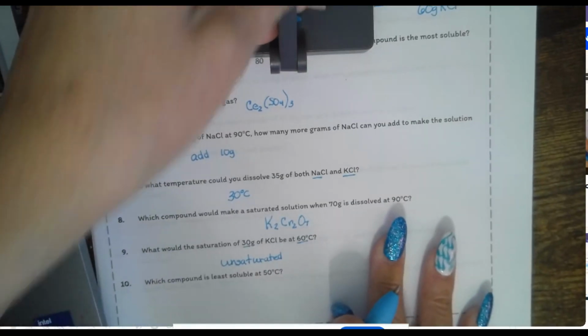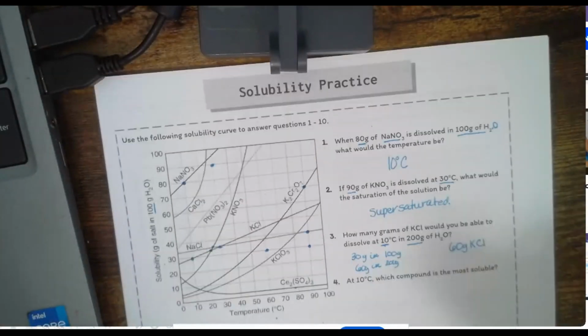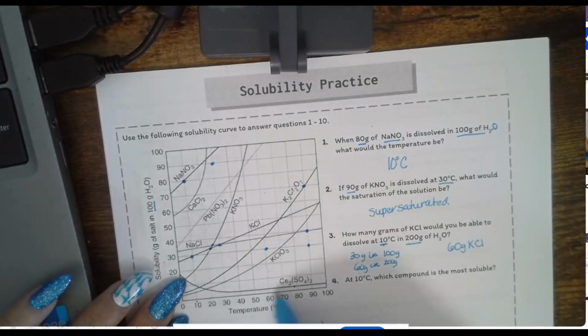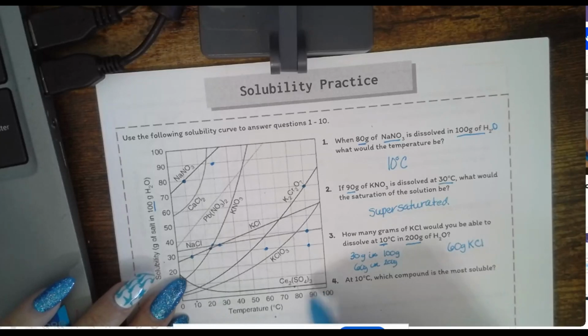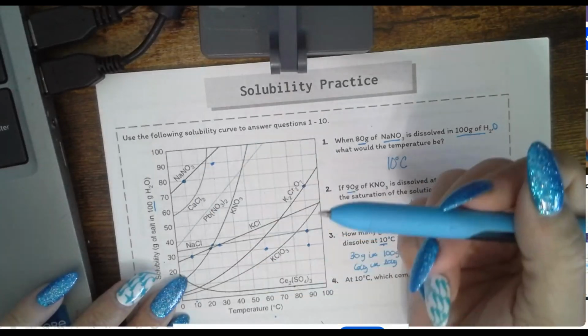Last question on this page. Which compound is the least soluble at 50 degrees? What you're looking for when it's asking you least soluble is the line closest to the bottom of the graph, because that's the minimal amount of grams that you can get to dissolve. The other thing you'd be looking at is most soluble.